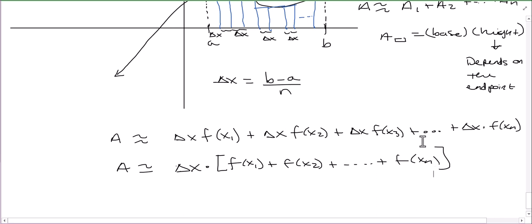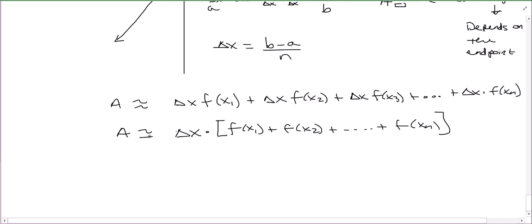And we can bring in the more formal notation, and so we can say A is approximately, so the area is the sum of all of these. So the sum of, and we can say from i equals 1 to n, so this is our counter, because you have n rectangles, of delta x times f of x sub i.